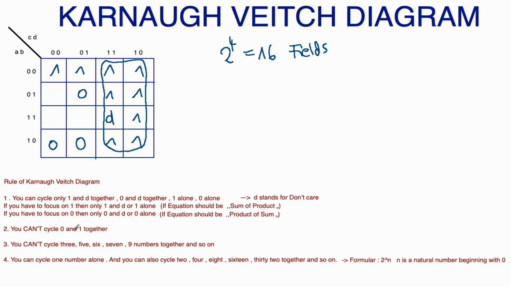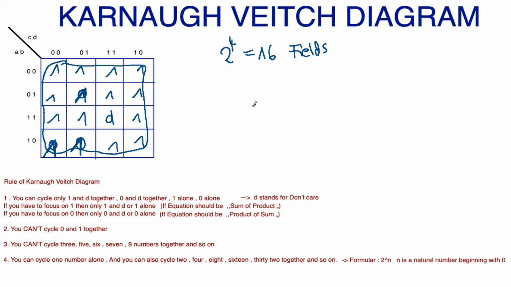Or 16 numbers, like that. If I have here 1, 1, 1, and this also 1, and this also 1, then I can cycle all the 16 numbers together. The formula is 2 to the power n, where n is a natural number beginning with 0.